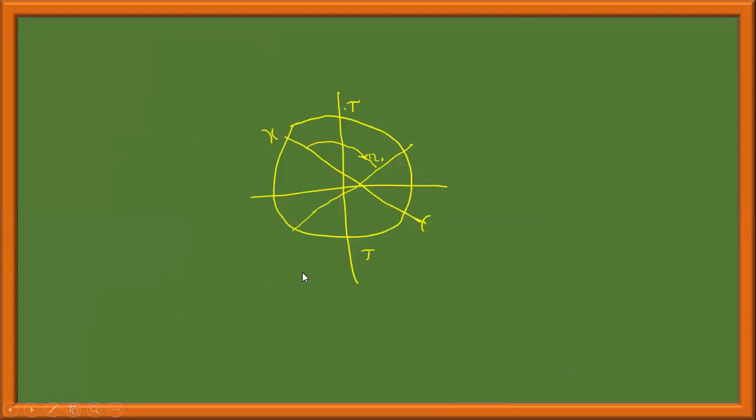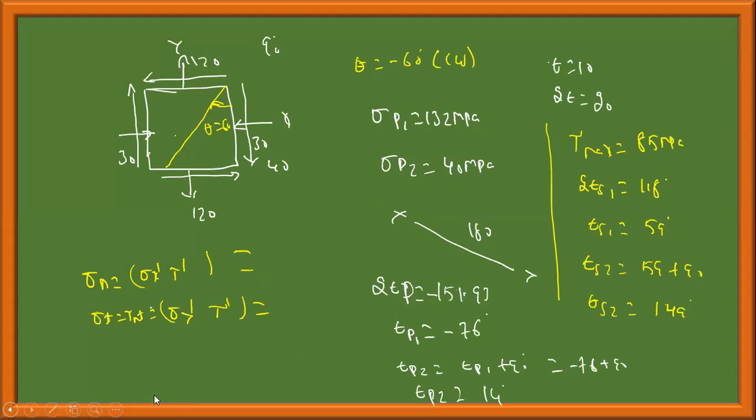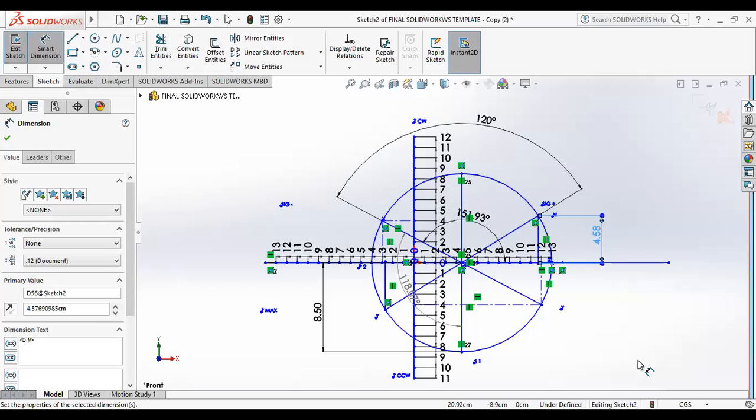Sigma n is equal to 118 MPa, and tau dash, what was tau dash? Tau dash is 45.8 MPa.